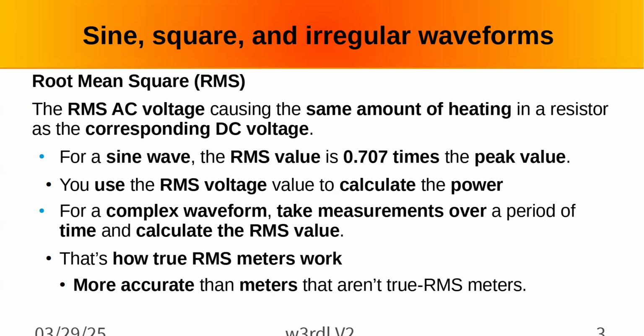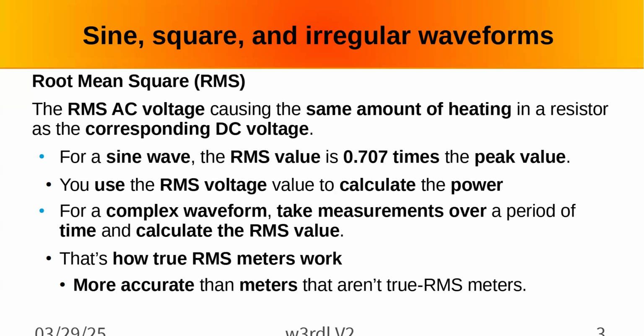So if you want a multimeter or a digital meter that reads RMS, and they sell them, they cost more. It actually integrates the waveform by doing multiple samples. And basically you're figuring out the area under the curve to find out what the average is.